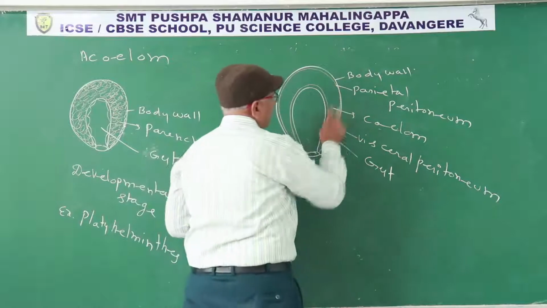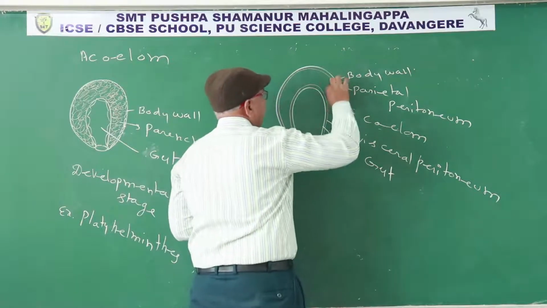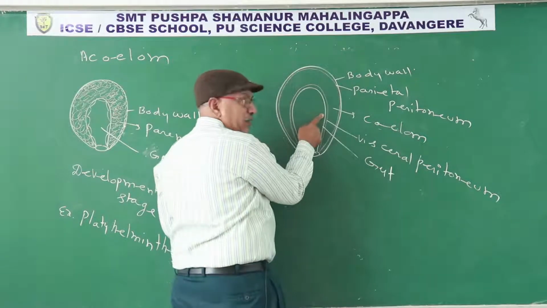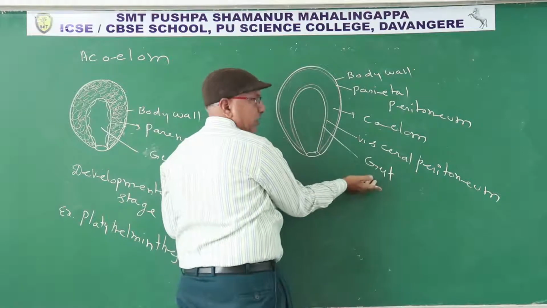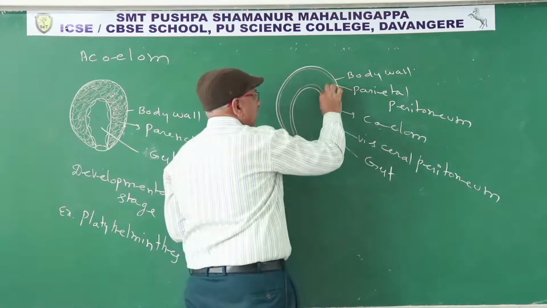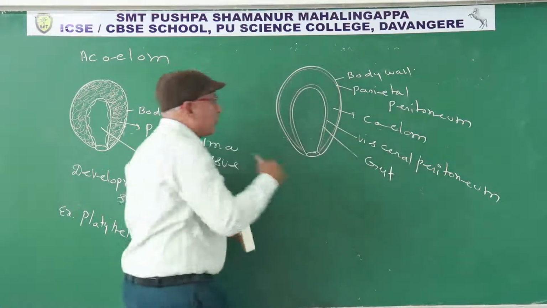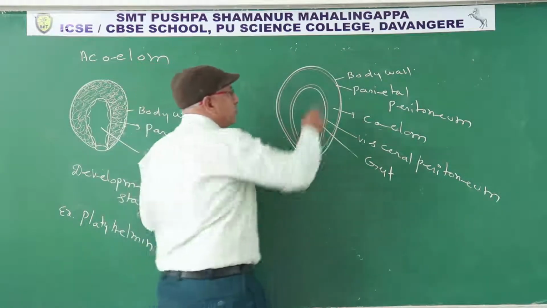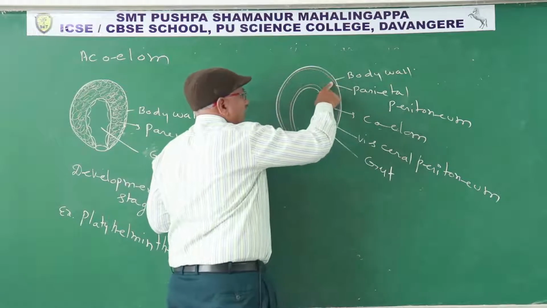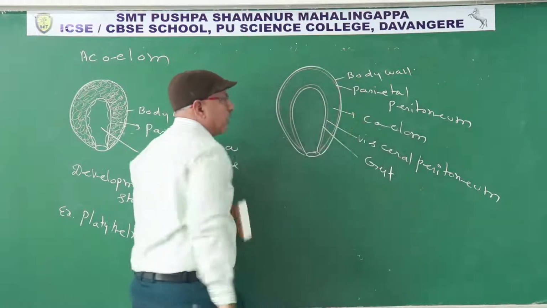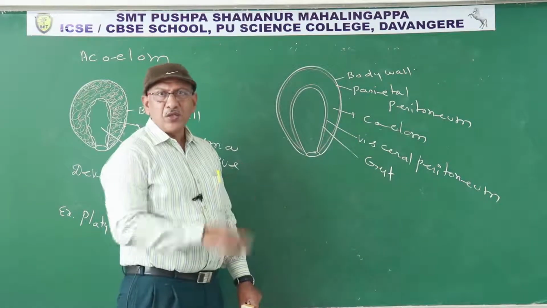Once again, coelom. Cavity present between body wall and alimentary canal. Alimentary canal is also known as gut. Cavity present between body wall and alimentary canal covered by mesodermal layer. Observe. Inner surface of the body wall is lined by parietal peritoneum, that is a mesodermal layer.